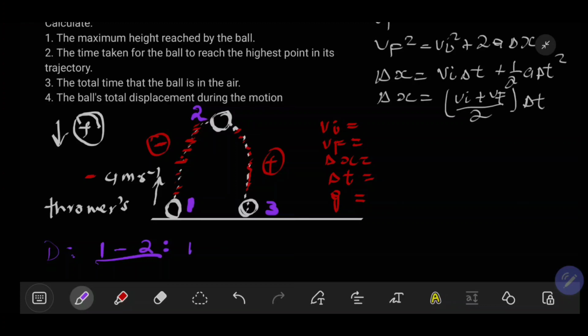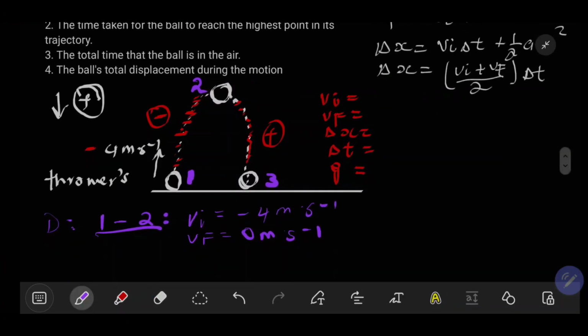So our v initial, we know that it will be negative 4 meters per second. Then our v final, because when the ball reaches the apex or the maximum height, its velocity is momentarily 0. So here the velocity of the ball at point 2 is 0 meters per second.